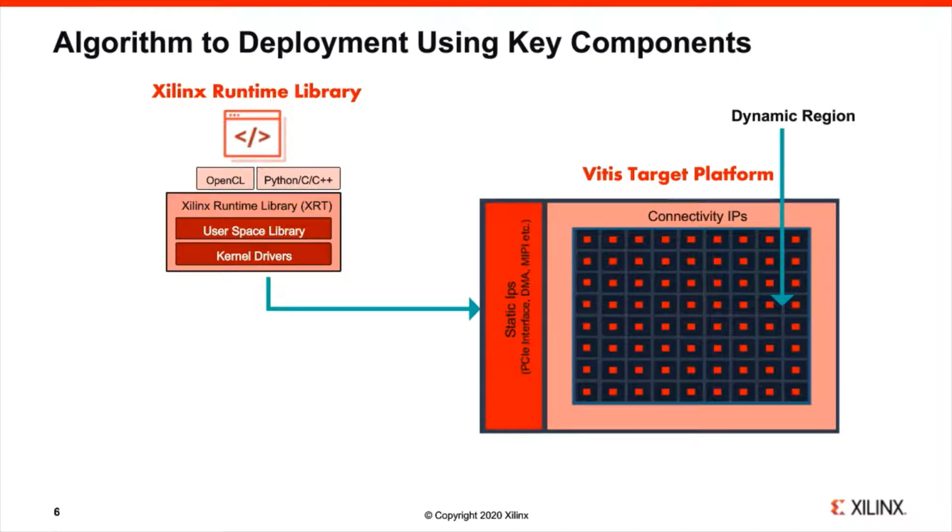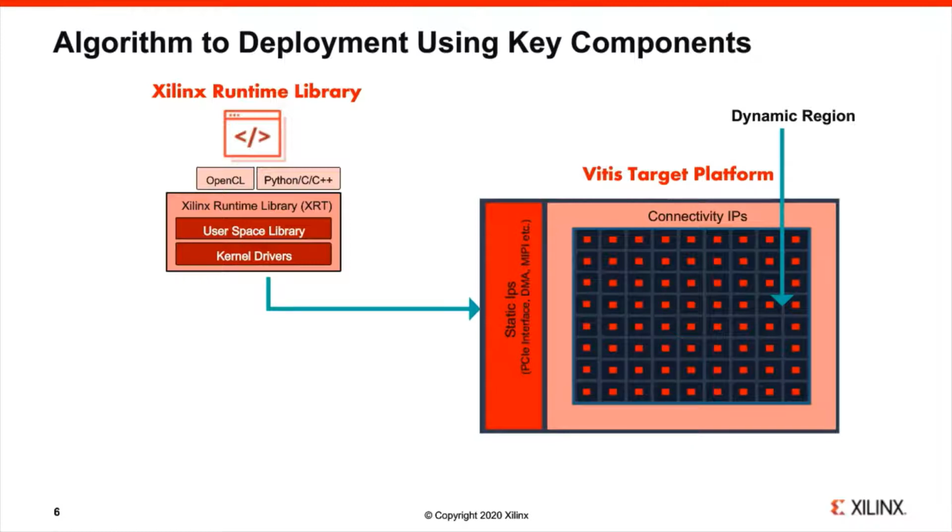For Xilinx embedded devices, the Vitis target platform also represents the operating system for the processor on the platform, bootloader and drivers for the platform peripherals, and the root file system. The Xilinx Runtime Library, or XRT, as we saw before, is an open source software interface that facilitates communication between the application code that runs on the CPU and the accelerated kernels deployed on the dynamic region of the platform shown here.